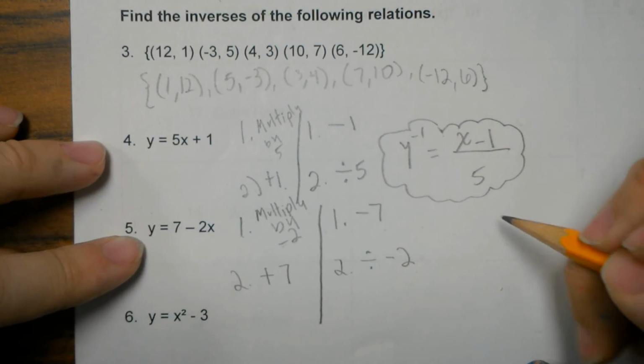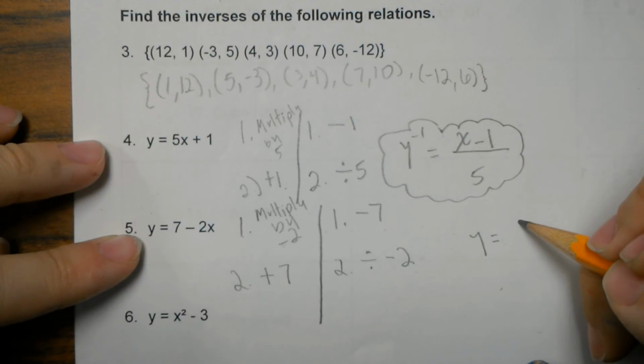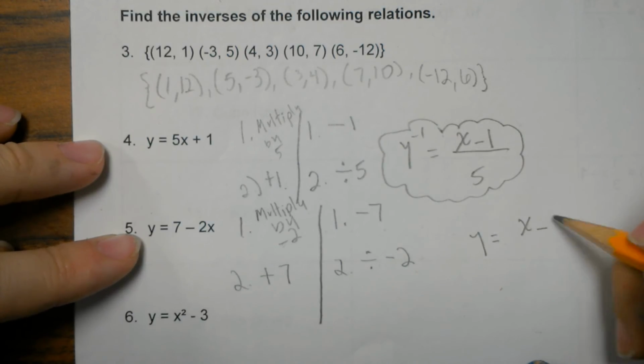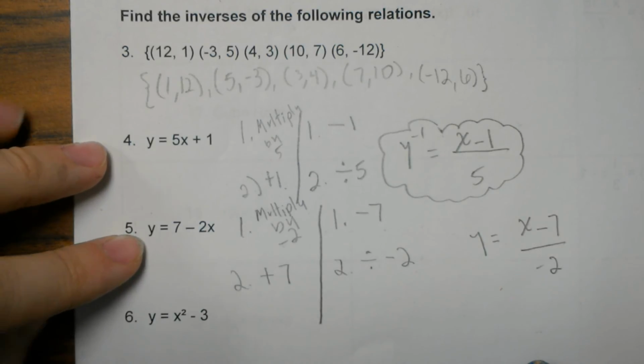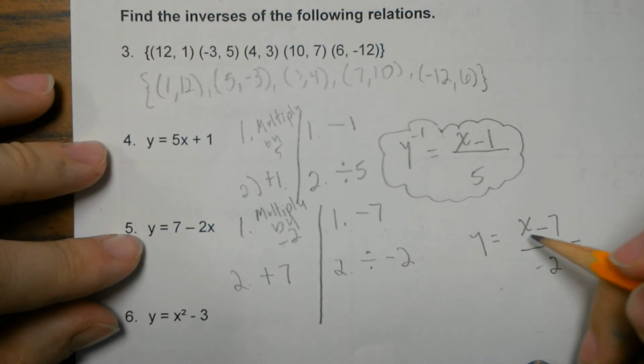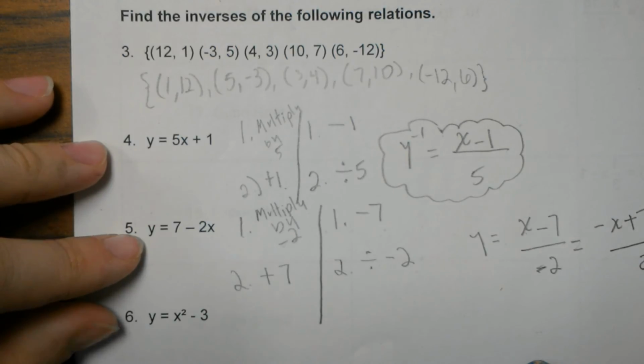So it's going to look like... we typically don't like negatives in the denominator, so I'm going to divide by -1. So let's make it -x plus 7, divided by 2.